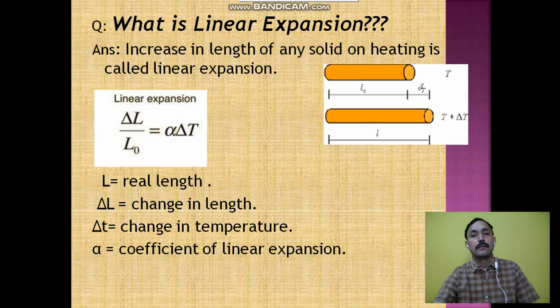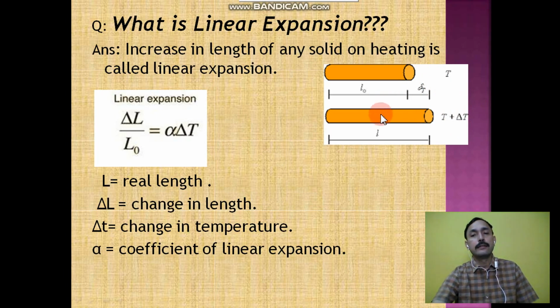So the relation between this final length to the initial length is L is equal to L0 into 1 plus alpha into delta T. Delta T is the difference between the initial and final temperature.